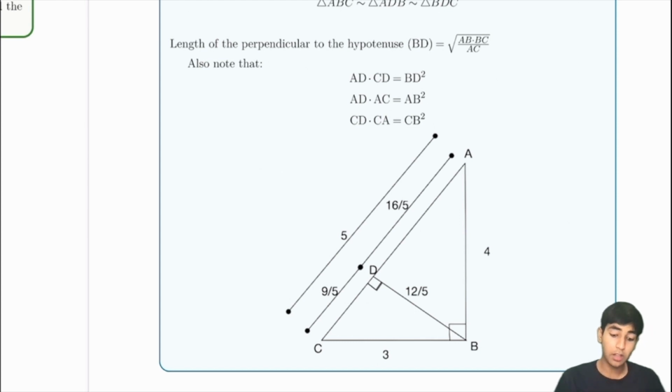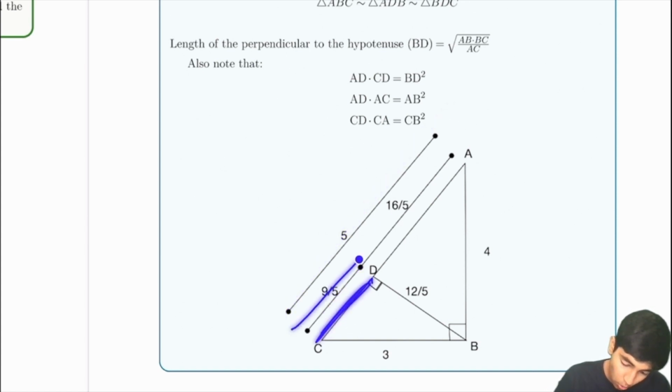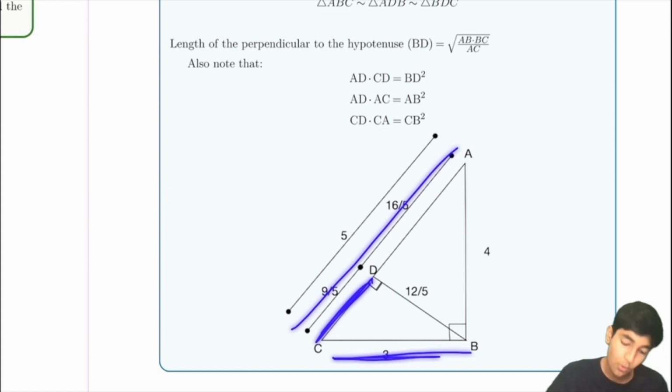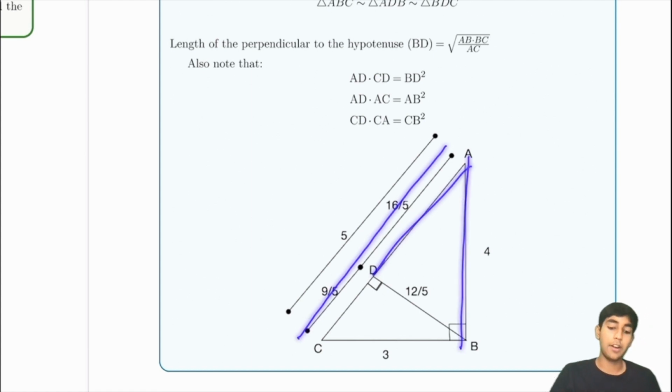Another property of right triangles is that this over CD times the whole thing, CD times the whole thing, equals BC squared. Also, AD times the whole thing equals AB squared.